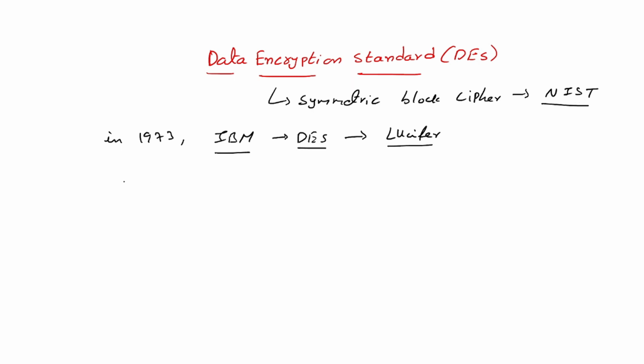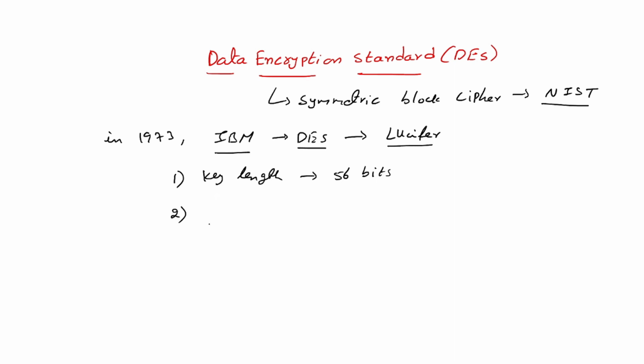After that, some criticism was made of DES, mainly for two reasons. First one is key length. The key length of DES is very small, that is 56 bits, so it is vulnerable to brute force attack.